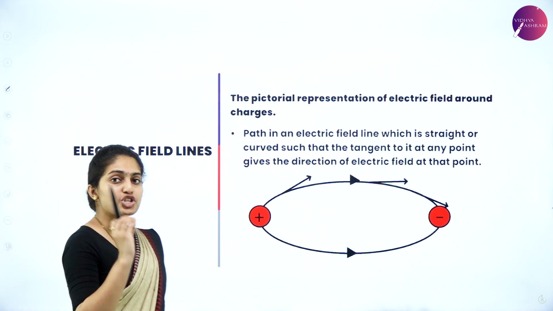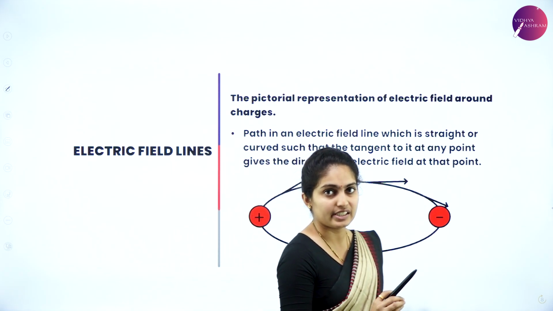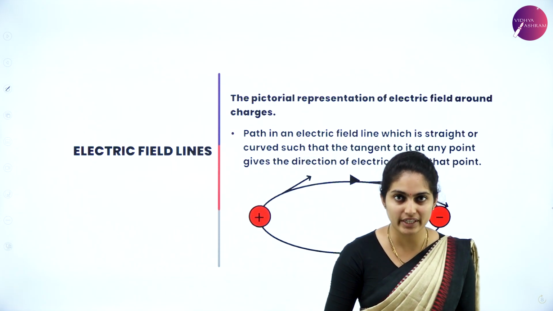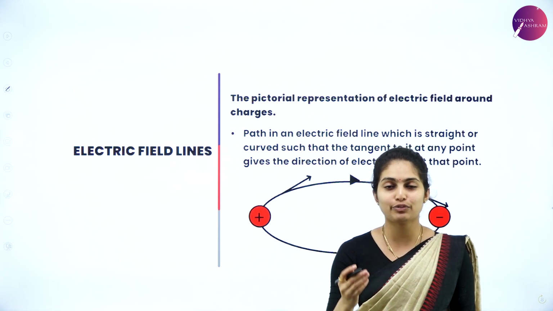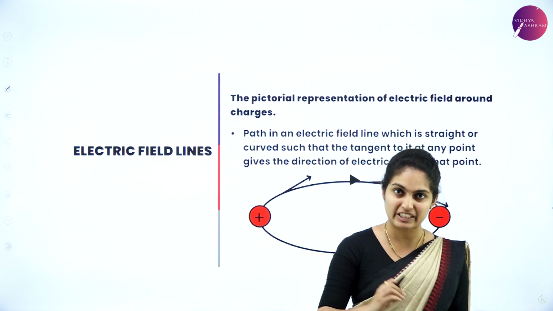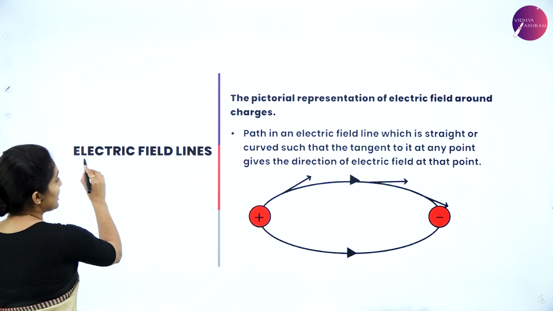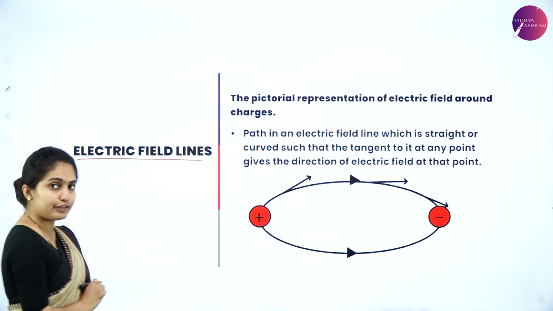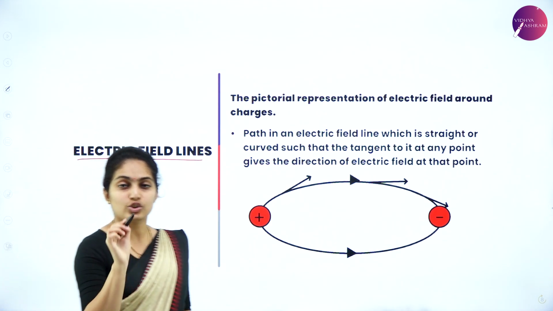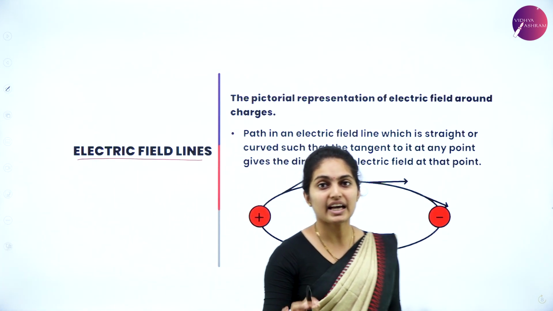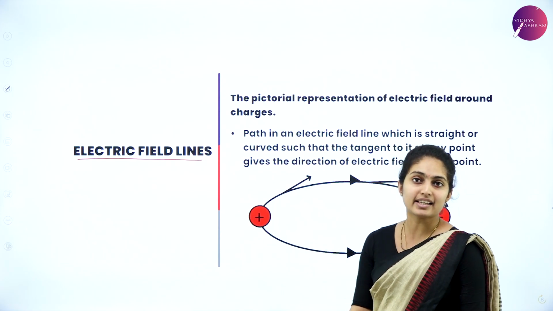Now, in order to show the presence of electric field, we have to have a pictorial representation to show that the field is moving from this place to this place, which is an imaginary concept. So now, for that we have something called electric field lines. So here we make use of lines to represent the electric field.